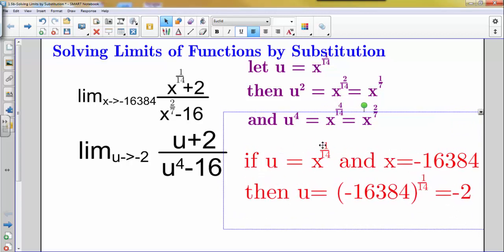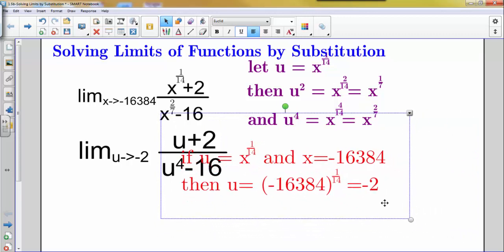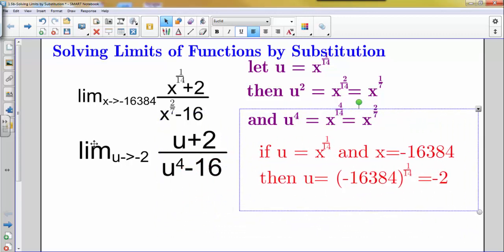If u is x to the 1/14 and x is -16,384, then u is that same value to the 1/14. Okay, so it says right here u is equal to x, whatever x is, to the 1/14. Plugging that into the calculator, we'll find that u has to be -2. So u being -2 is the equivalent expression here to what we had up top. And now this one we should be able to solve normally.